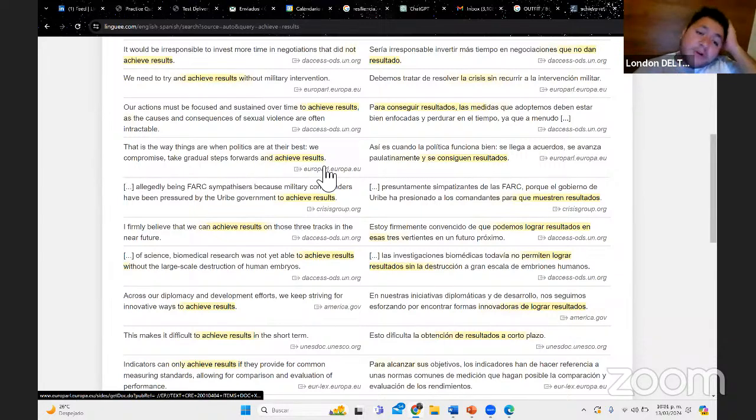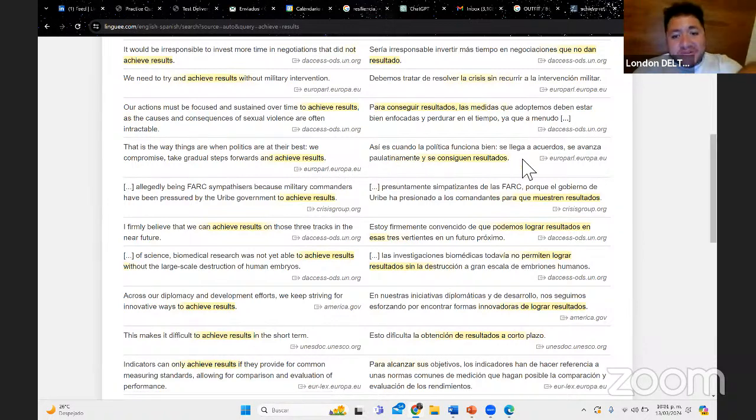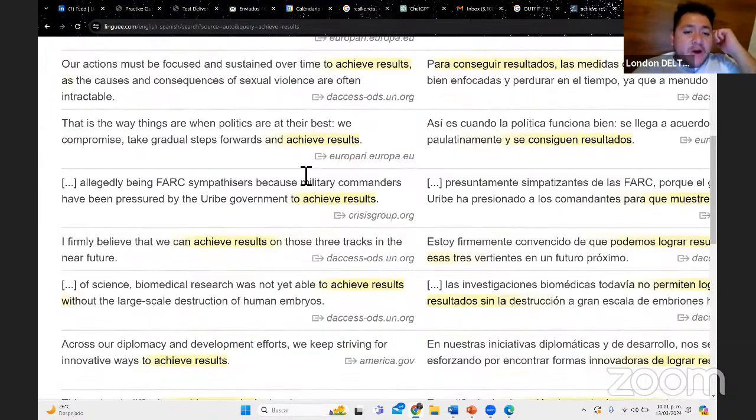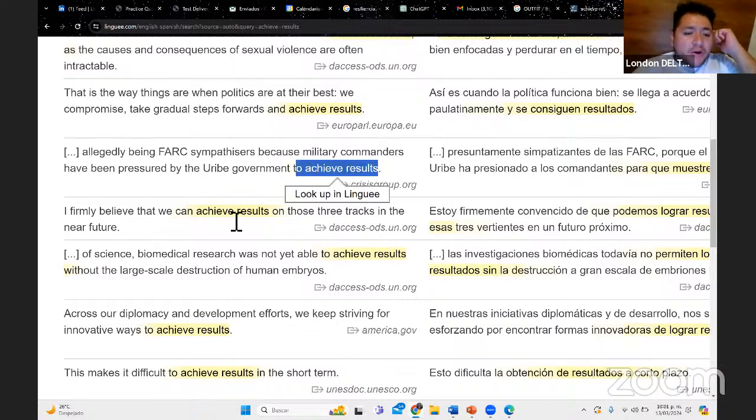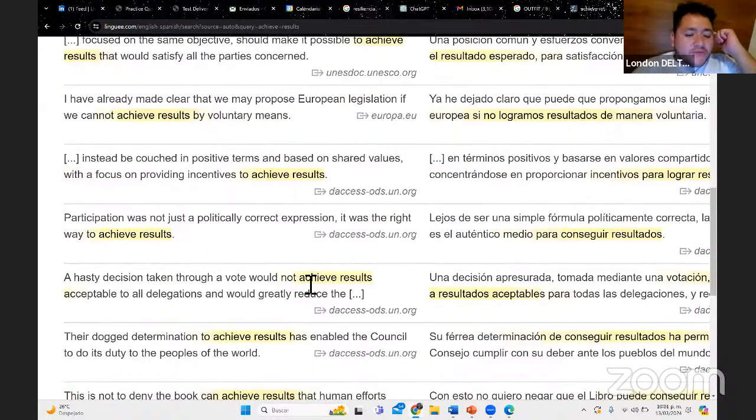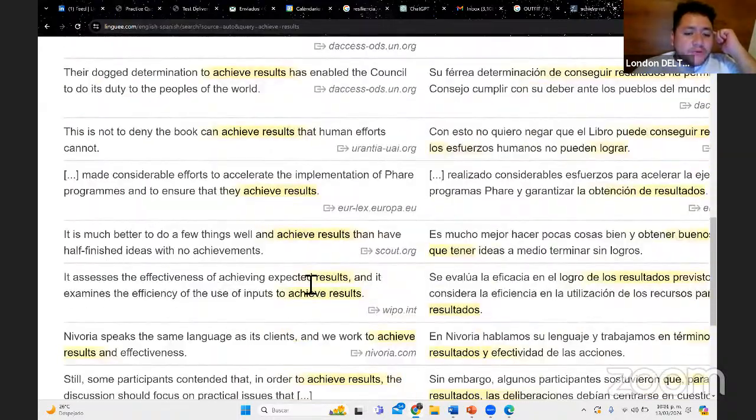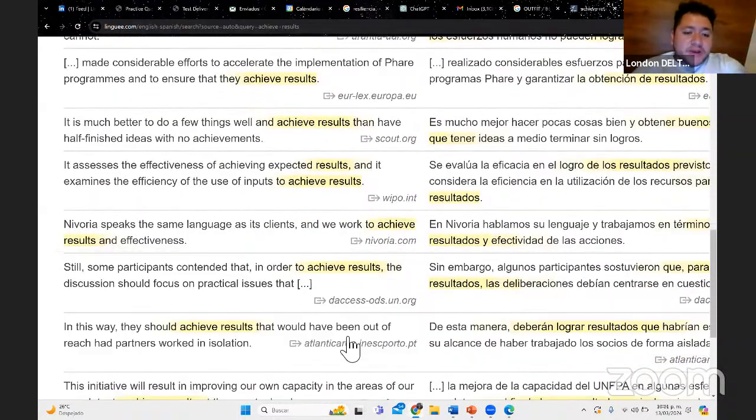This is taken from, pues es de la Unión Europea, ¿no? Un artículo escrito por la Unión Europea. Well, no, we don't expect mistakes, no esperamos errores, right? Here you have the translation. Aquí tenemos la traducción. So you can see here, okay, to achieve results, we can achieve results, y aquí vemos todos los ejemplos donde en otros lugares han utilizado achieve results.